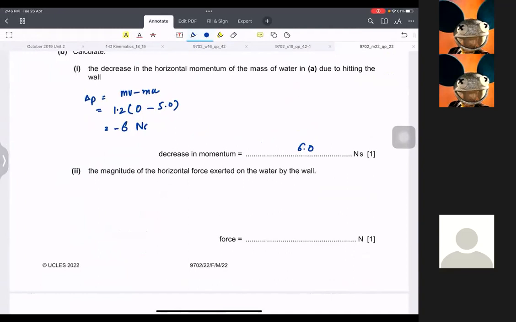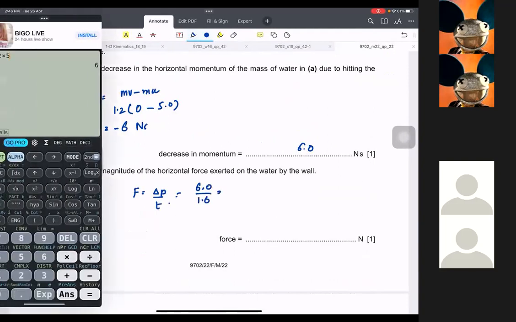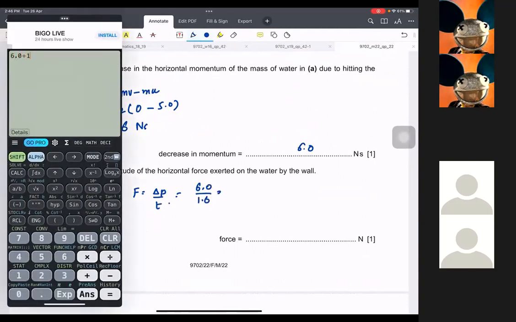Now, the magnitude of horizontal force exerted on the water by the wall. Change in momentum over time, 1.6. That is 3.75, or you could write 3.8 as well.